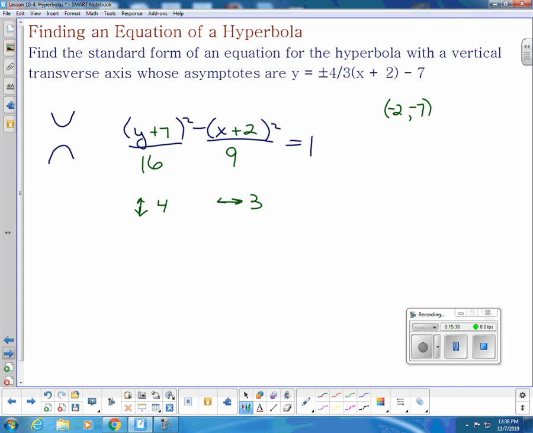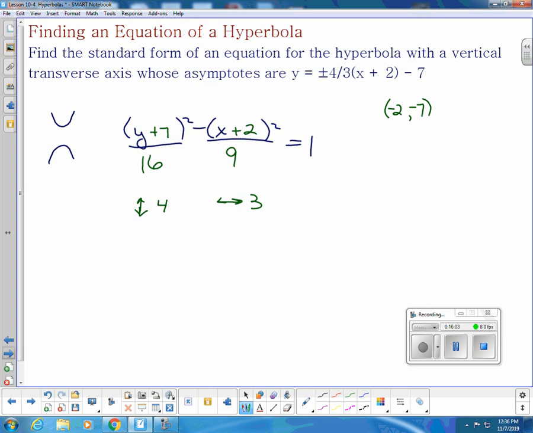It might have been 8/6. In which case that would be 64 and 36, right? So there could be other possibilities there. That could have reduced something to 4/3. Because it told you there was a vertical transverse axis. Okay, vertical transverse axis.